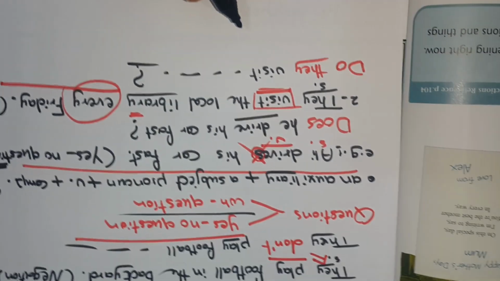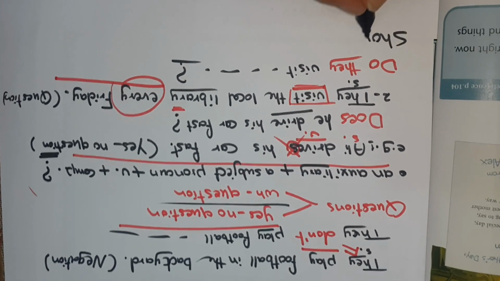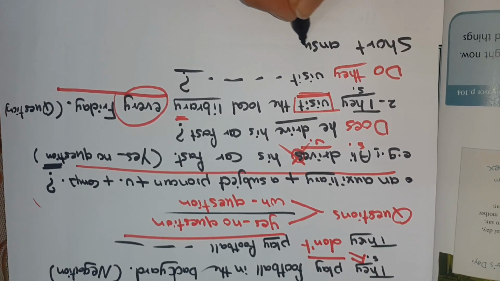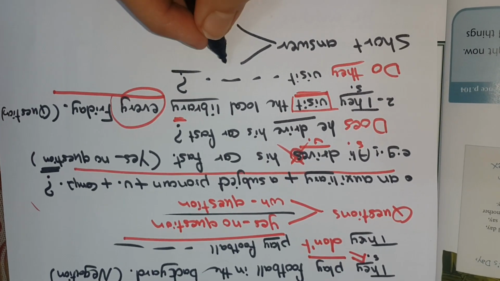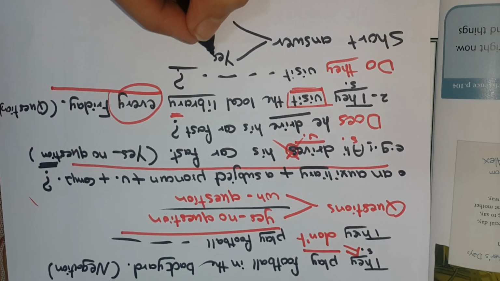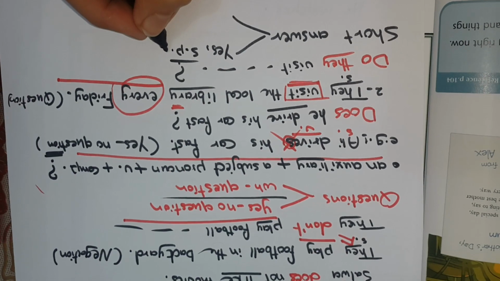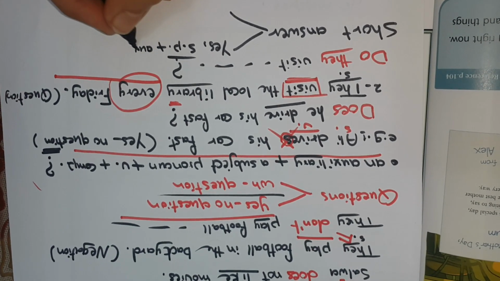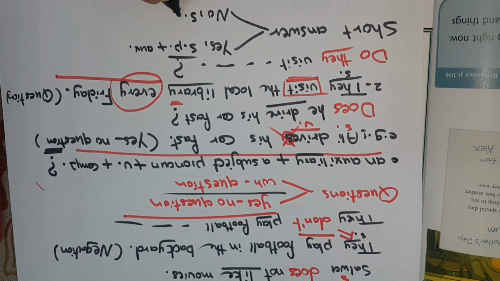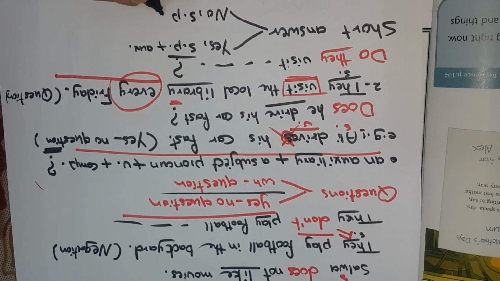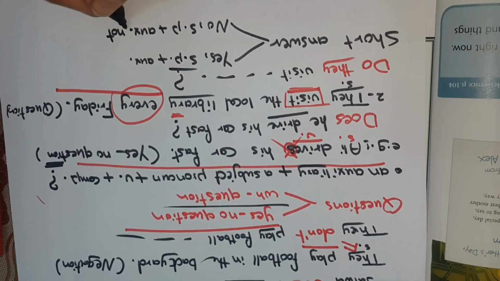If you want to answer the question, you have to use a short answer. The short answer will be either affirmative or negative. Affirmative with yes and a subject pronoun followed by the auxiliary, or no plus a subject pronoun followed by the auxiliary plus not.